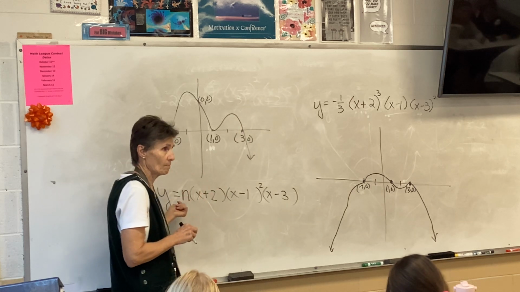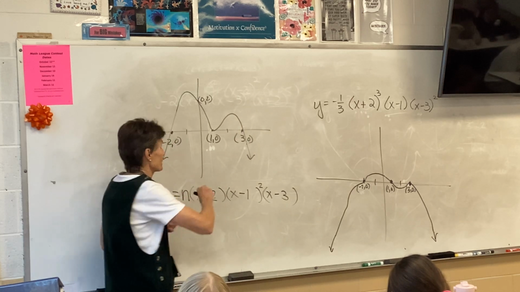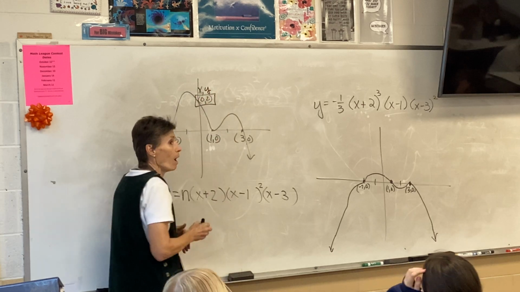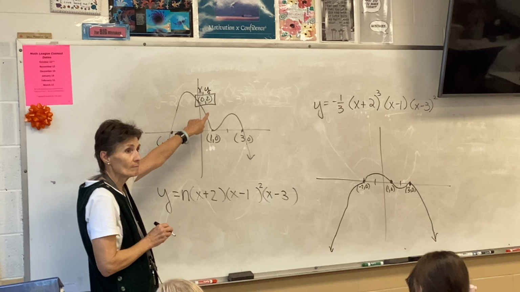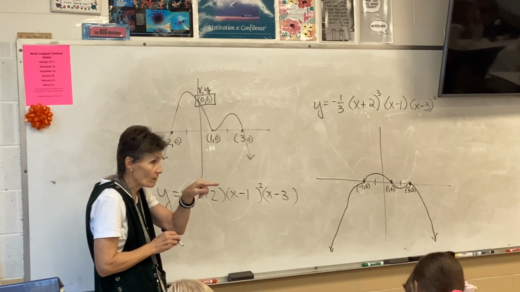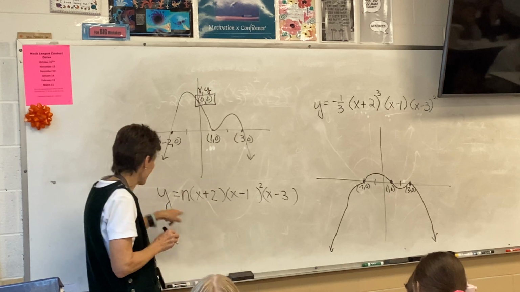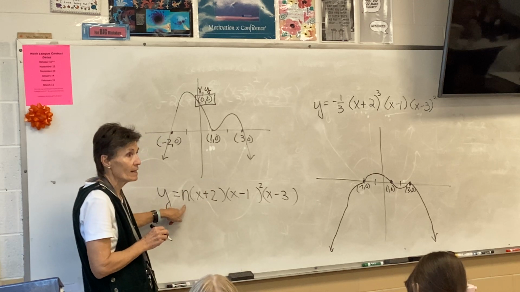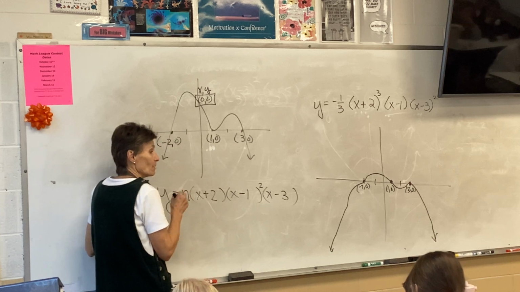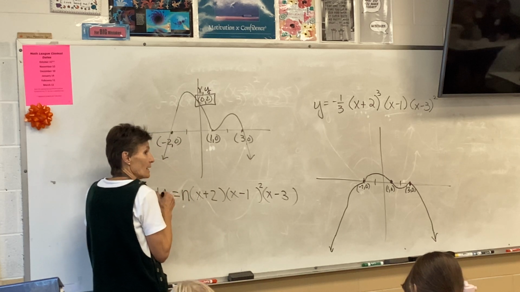I don't know what that number is. But I have a random x and y given to me. So what am I going to do? Plug in that random x and y, and that's going to tell me what my n is. Wouldn't it be negative n? No, just put n. The number will come out negative.